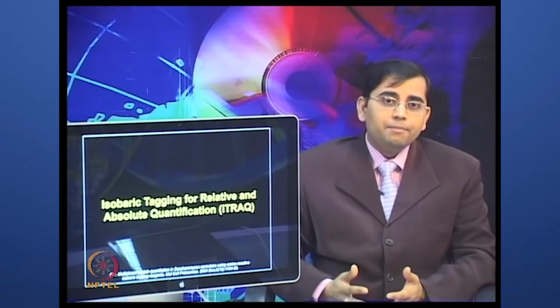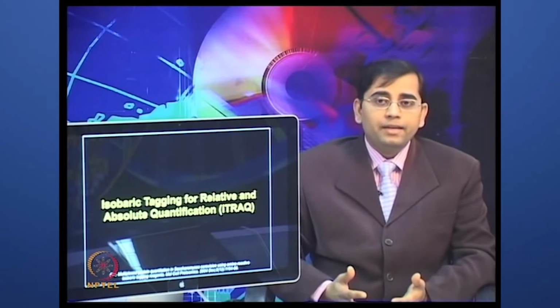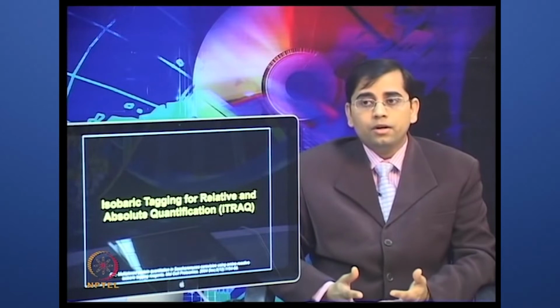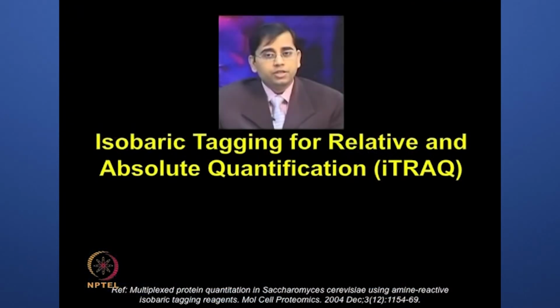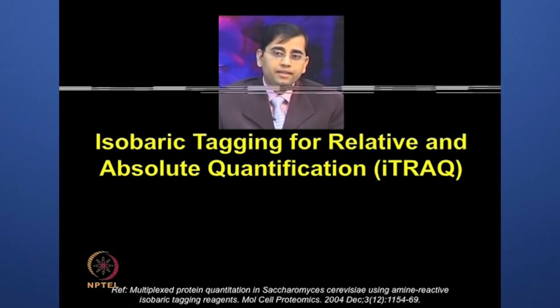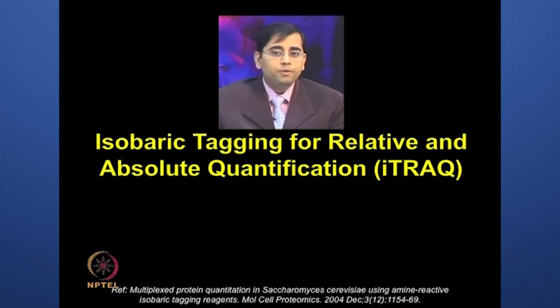Mass spectrometry has played a very major role in proteomics, and now it is becoming a very essential tool to study complex biological systems in various diseases. iTRAQ is a mass spec based technique for relative and absolute quantitation of proteins present in up to 4 samples or up to 8 samples, depending upon the type of iTRAQ tags.